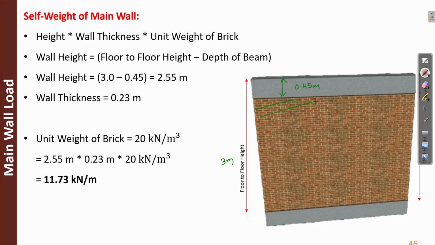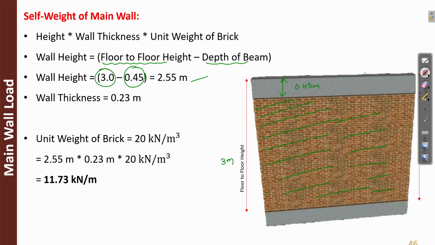So this much is your wall area consisting of brick. While calculating the wall height, you need to deduct the depth of beam. So floor to floor height minus depth of beam: 3 minus 0.45, you will get 2.55.